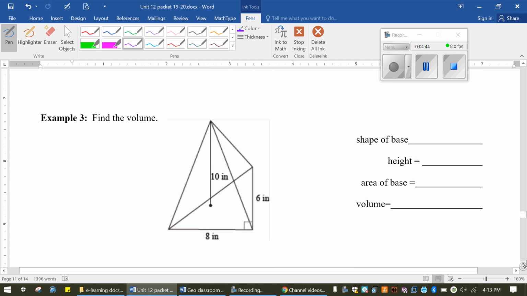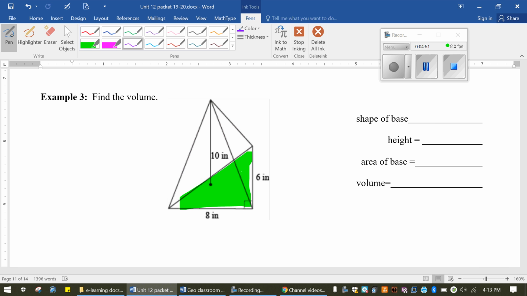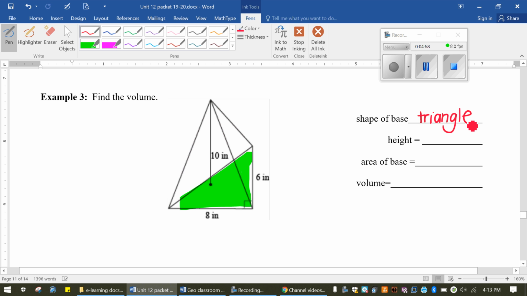Number 3 has a different shape base, and that is a triangle. For the area of a triangle, we do base times height, and we divide by 2. Our base is 8, our height of our triangle base is 6, and we divide that by 2.